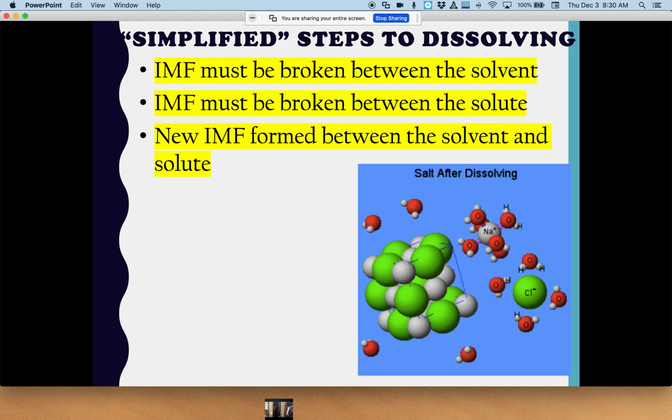And so it's very much like breaking up with someone and dating someone else. First, you've got to sever your own relationship, and then you've got to form a new relationship with somebody else. And if those things don't happen, then things don't dissolve, right?